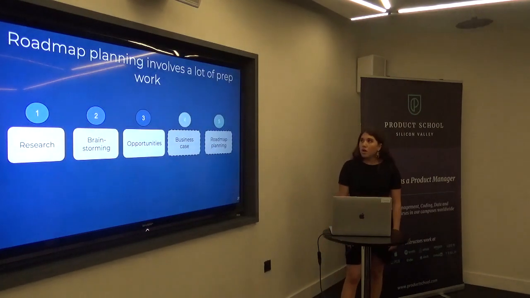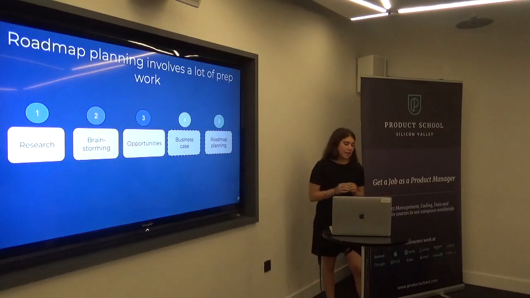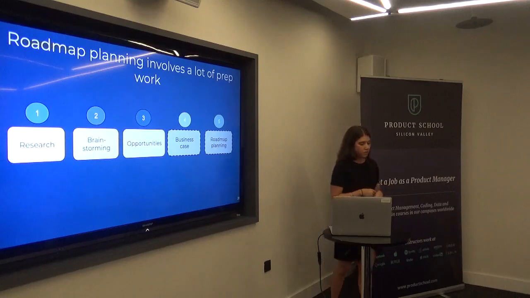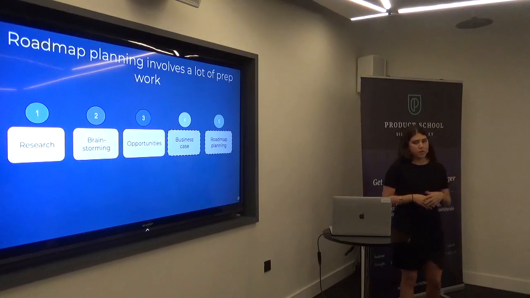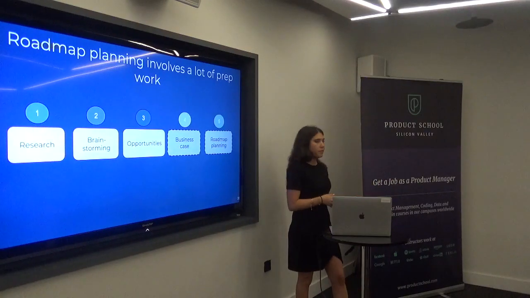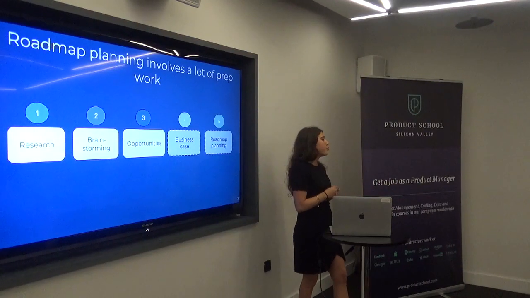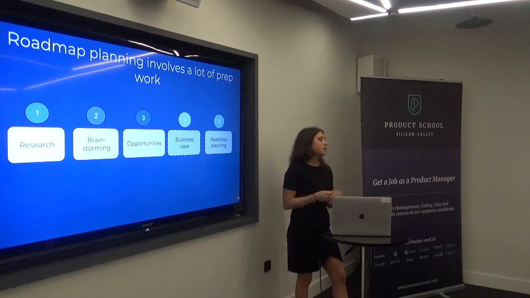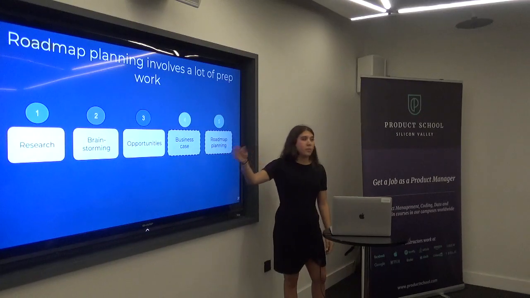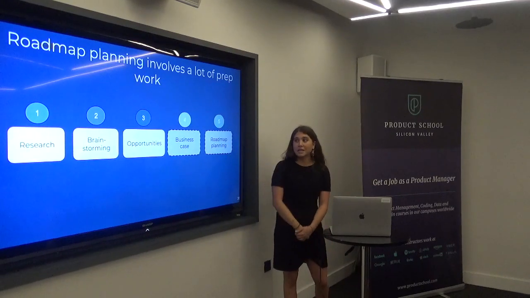So what I've covered so far is that planning your roadmap isn't simply just attending a meeting with all the relevant stakeholders where you sit for 2 hours and whoever screams the loudest ends up getting the items prioritized on the roadmap. Planning your roadmap takes a lot of prep work, and depending on the size of the company you work for or the company that you own, you could maybe take 2-3 weeks to prepare for the planning session.